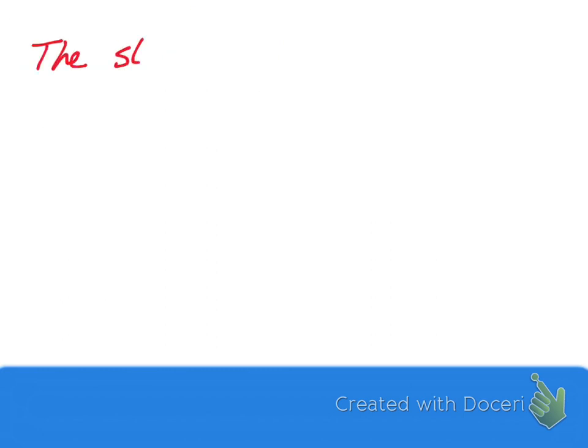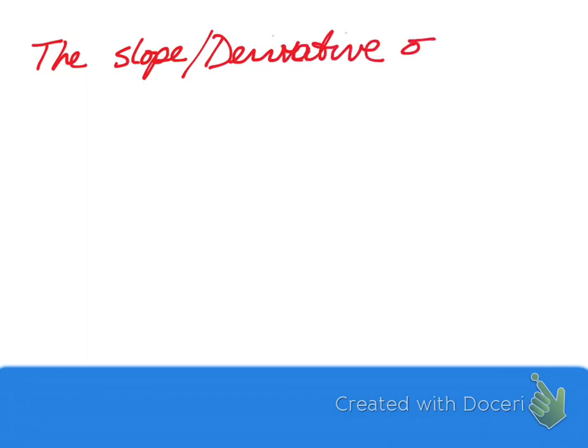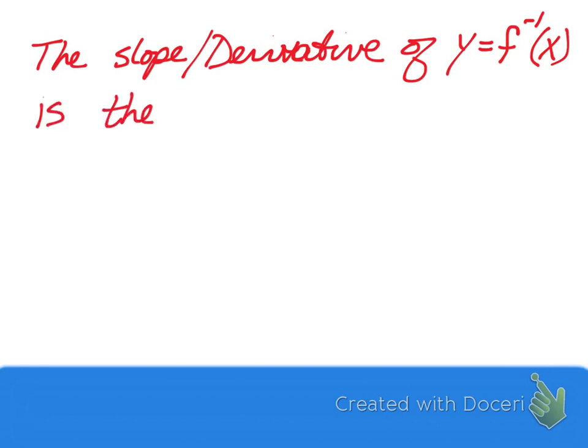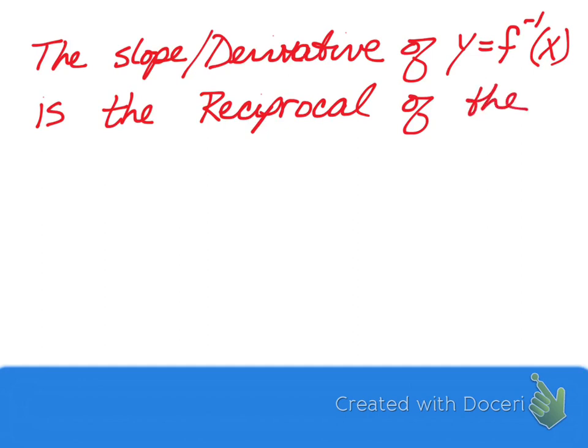The slope or derivative of y equals f inverse of x is the reciprocal of the slope of y equals f at x.